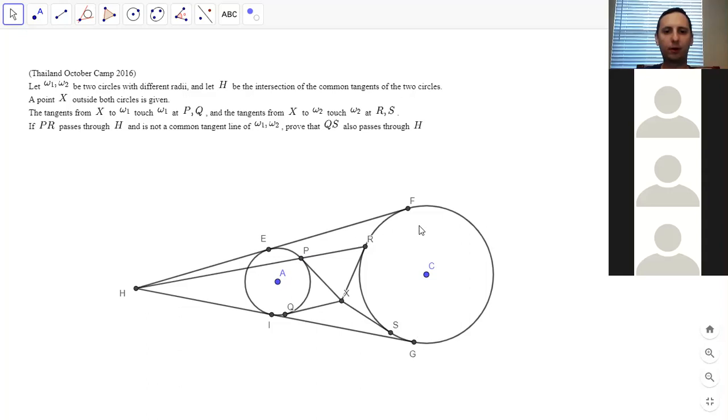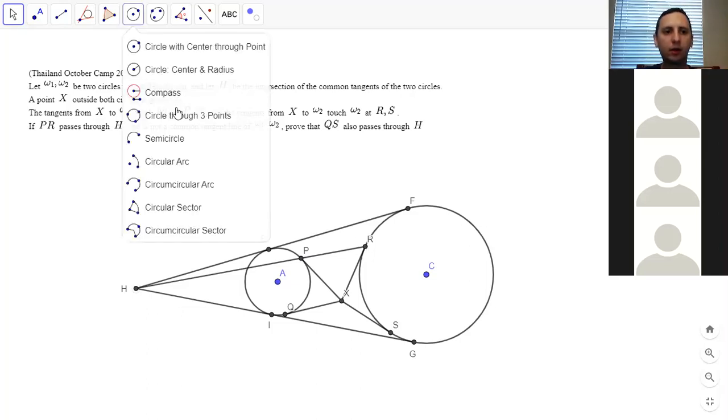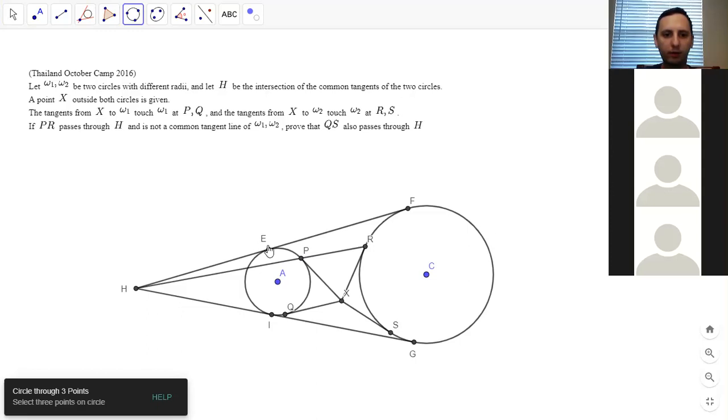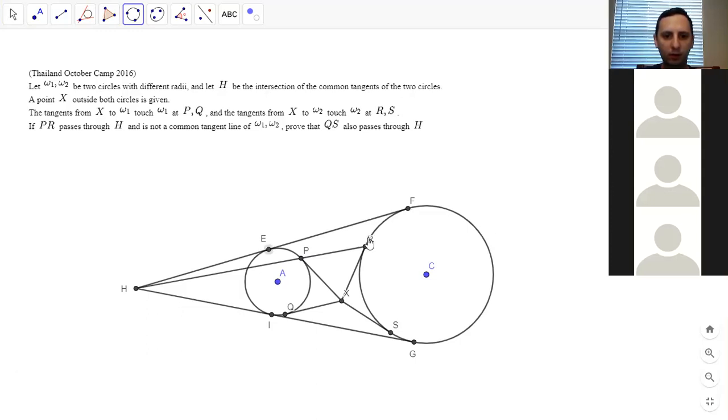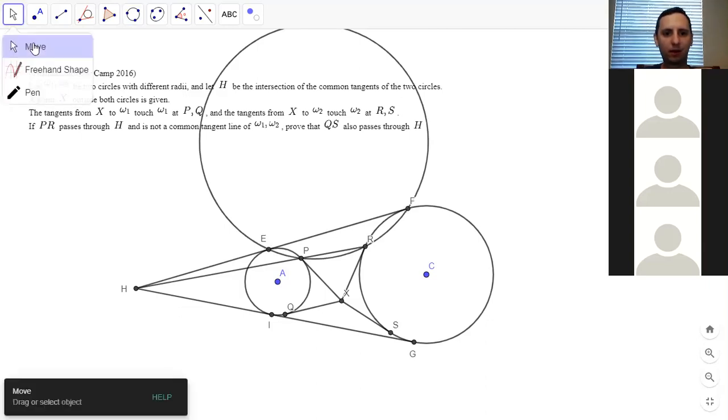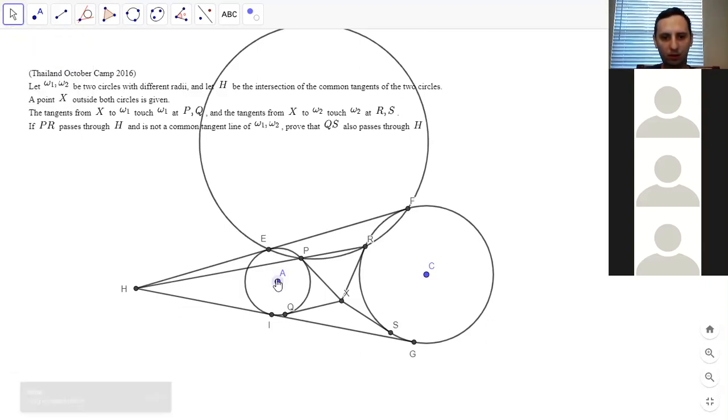Maybe we could use Desargues because we have three lines that concur. Are E, P, R, F cyclic? Let's see, E, P, R, and F. Yes. Maybe an inversion at H with radius the square root of HE times HF.